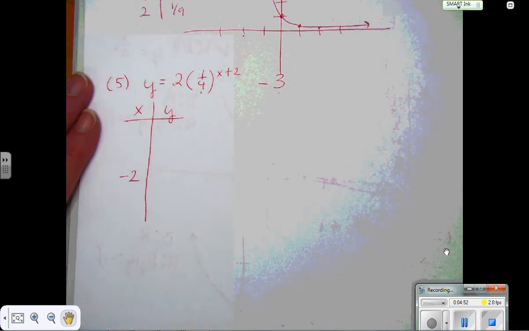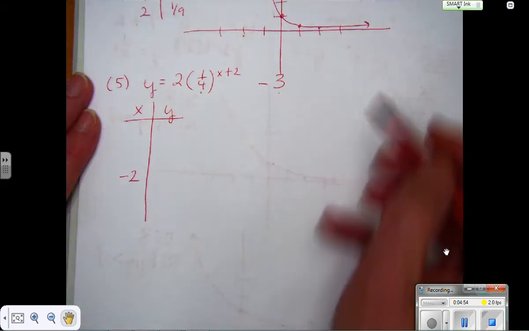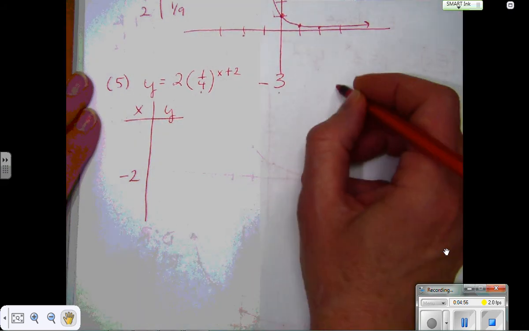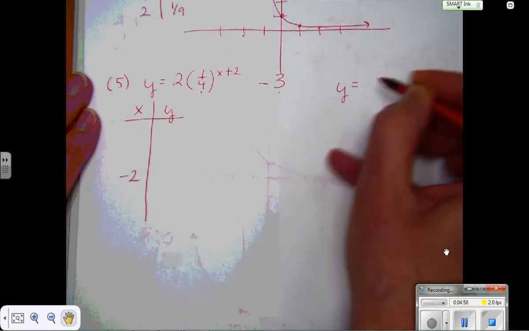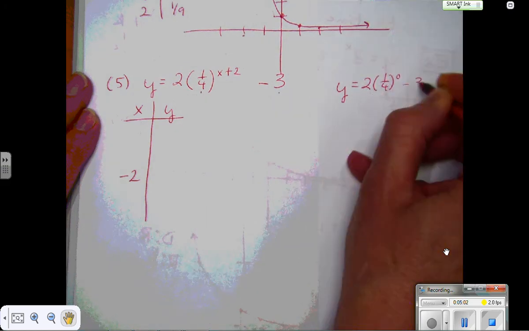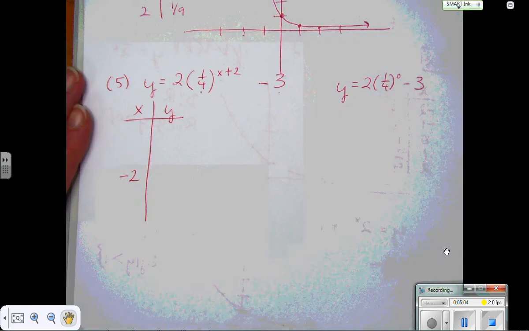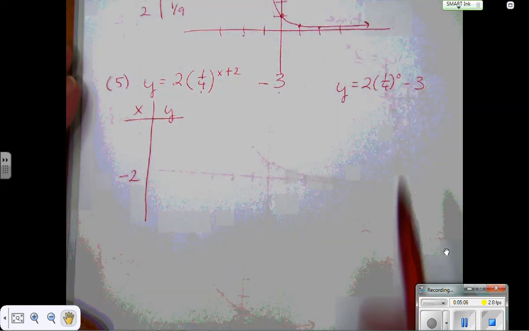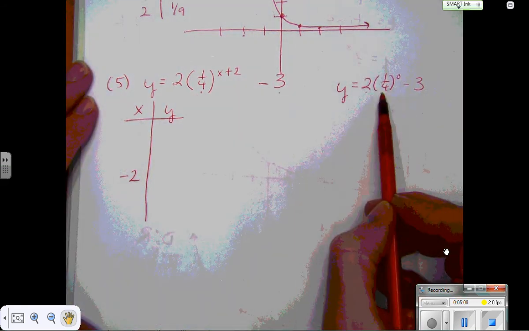All right, so let's put in a -2. That means I have y equals 2 times 1/4 to the 0 power minus 3. Anything to the 0 power is 1. 2 times 1 is 2, minus 3, y is going to be negative 1.